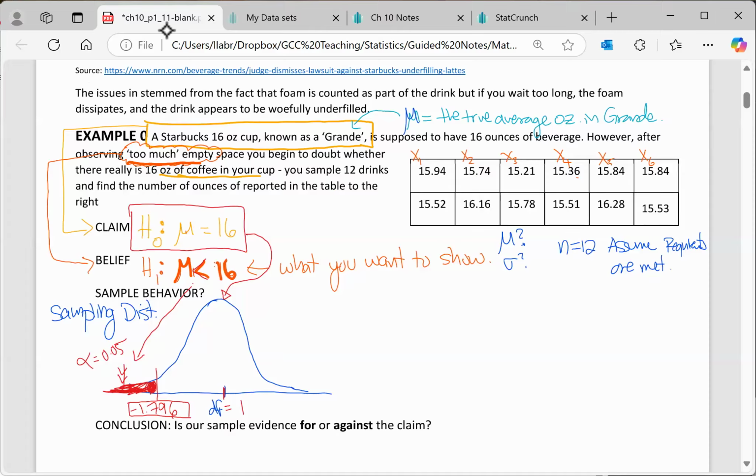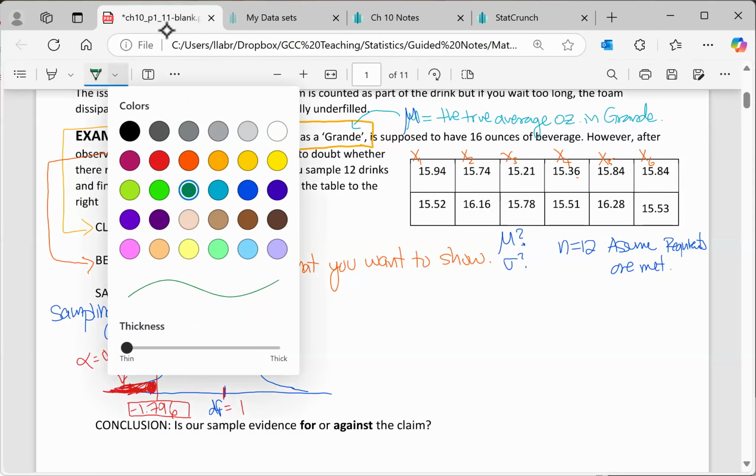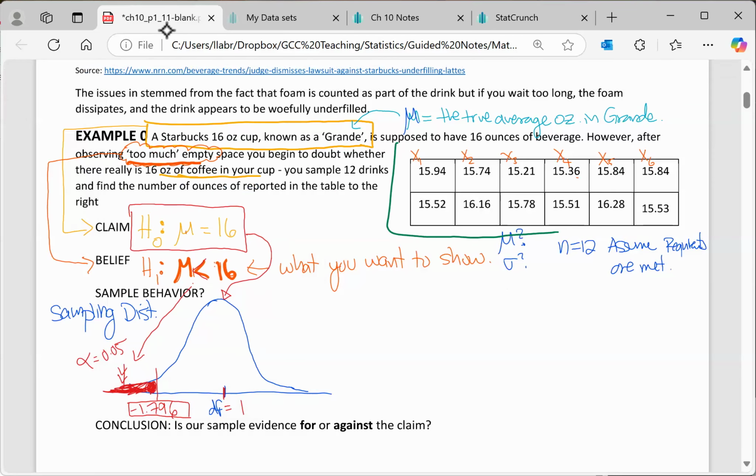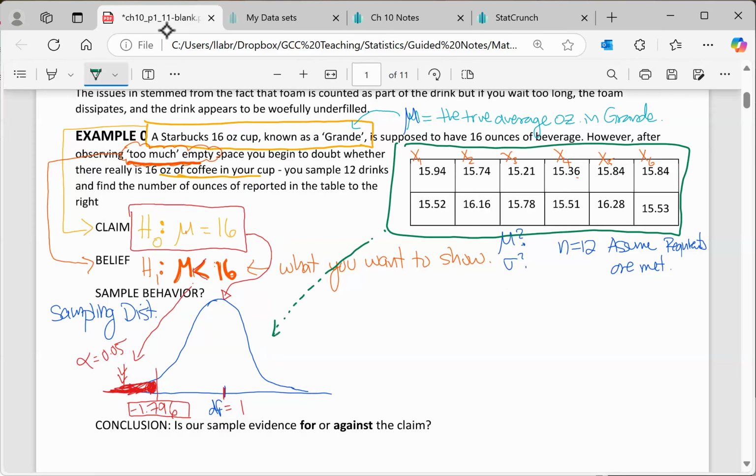All right, so all of this gets done before you actually take your sample. You're saying, okay, now let's see where our sample lands. So now comes the moment of truth where you're going to say, okay, finally, somebody has put in a lot of work to collect this sample here. And now we're basically going to say, where does that sample land on this distribution? Does it land in the red region?